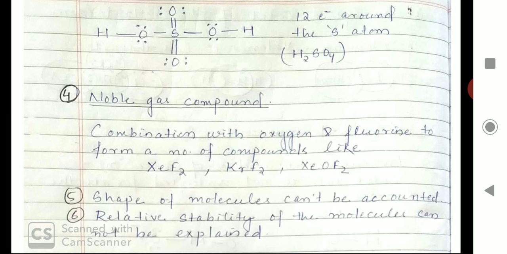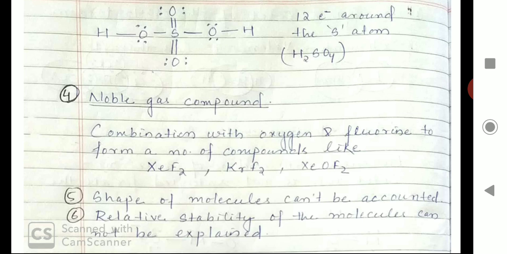Then the noble gas compounds. As we know, noble gas compounds shouldn't actually exist because the noble gases have their filled octet. But some electronegative elements like fluorine and oxygen will attract the electron density of the noble gas elements, and thus noble gas compounds are formed.